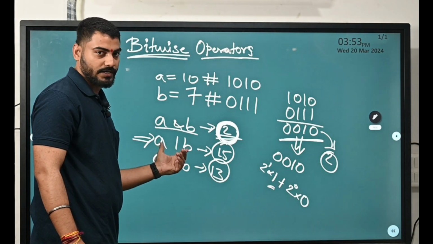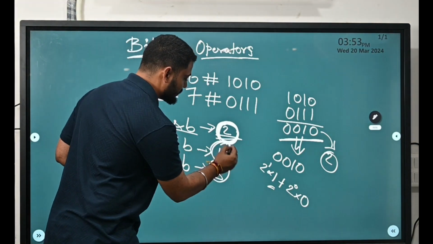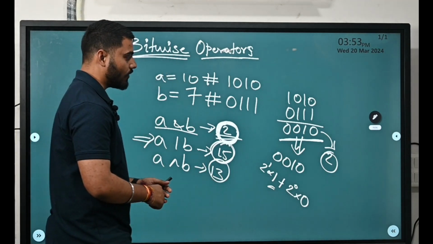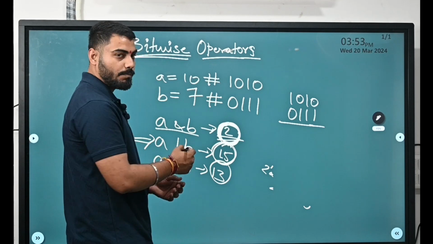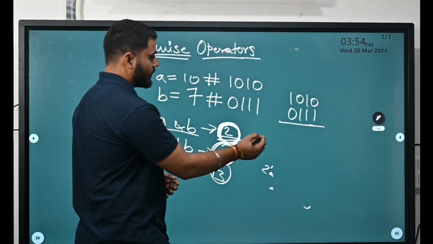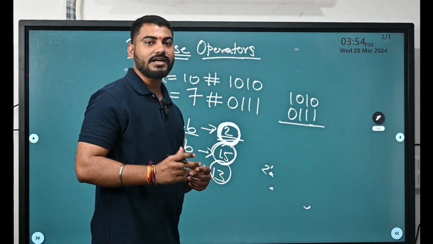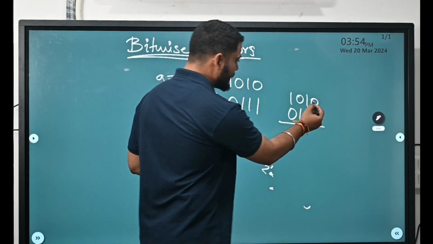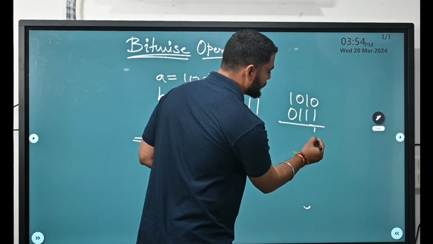Now we'll go for this operation, which is A or B. It is returning 15. But how? For the same bits we perform the OR operator. OR says either of the conditions should be true. In this case one is true, so it will return true.